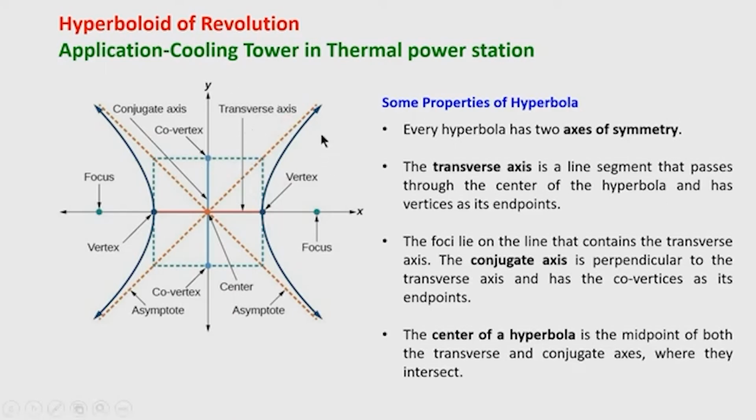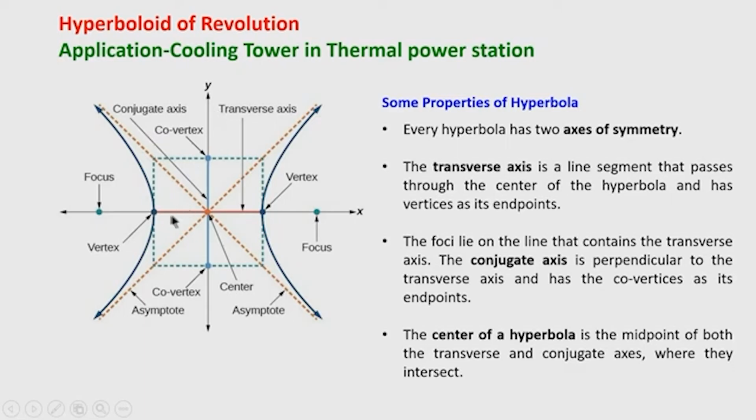Every hyperbola has two axes of symmetry that you are seeing. The axes of symmetry are this x axis and this y axis. This is an axisymmetrical shell of revolution, so whatever load is applied here is symmetrical about the axis of rotation.